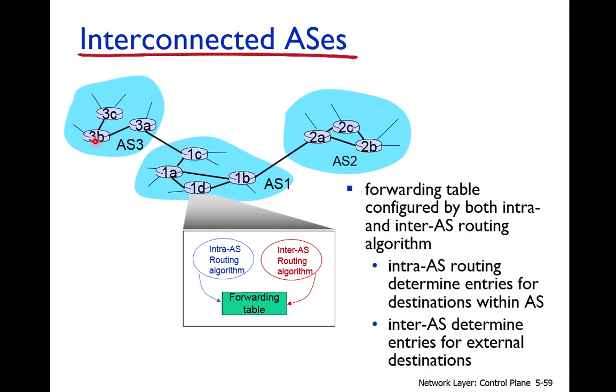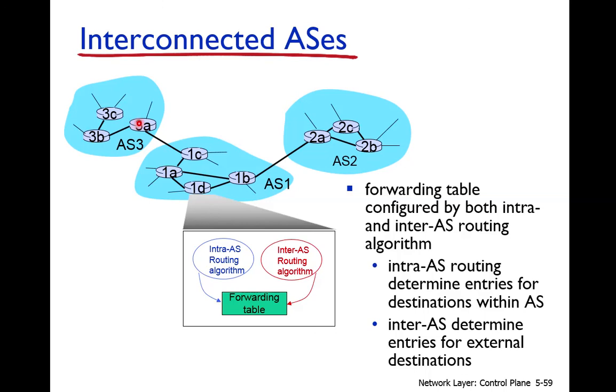Okay, so when different autonomous systems are connected with each other, you can see that router 3B in autonomous system 3 is connected to all routers of the same domain. For example, 3B is connected to 3C and 3A, and 3C and 3A both lie within autonomous system number 3. So they are in the same domain.